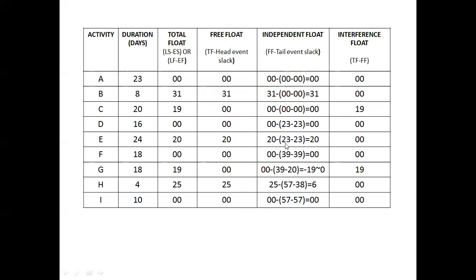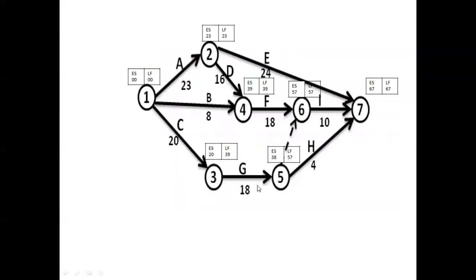Suppose you take, for example, the G activity. The activity G has the free float 0, 0 minus the tail event slack. The tail event of G has 39 and 25 as LF and ES respectively. 39 minus 20 is 19.